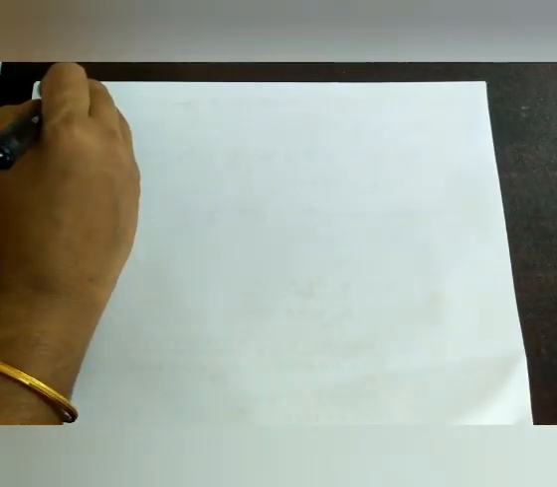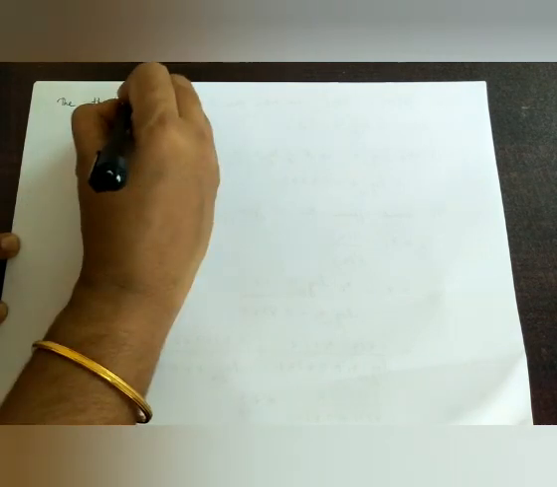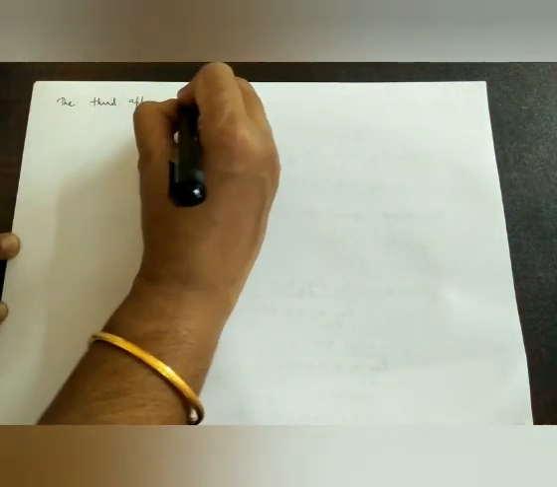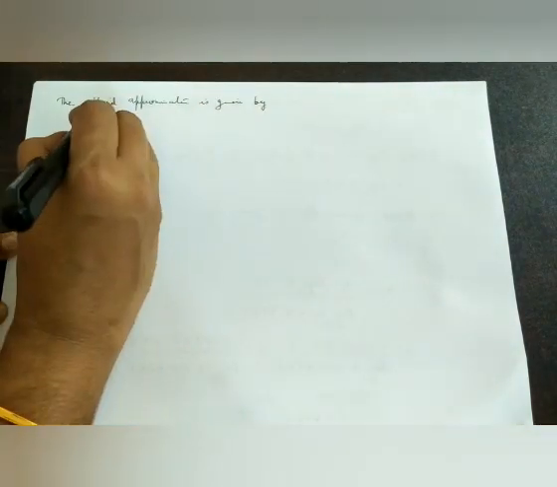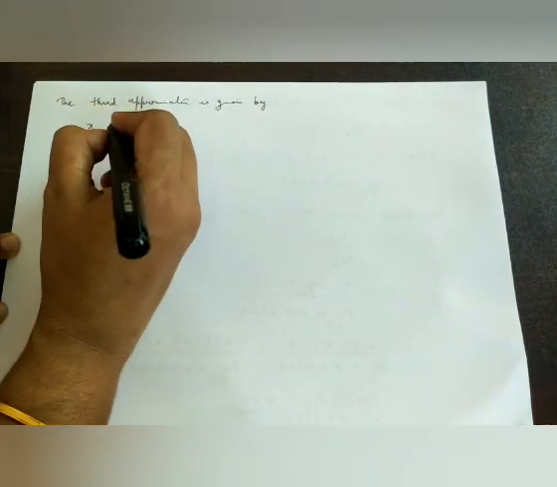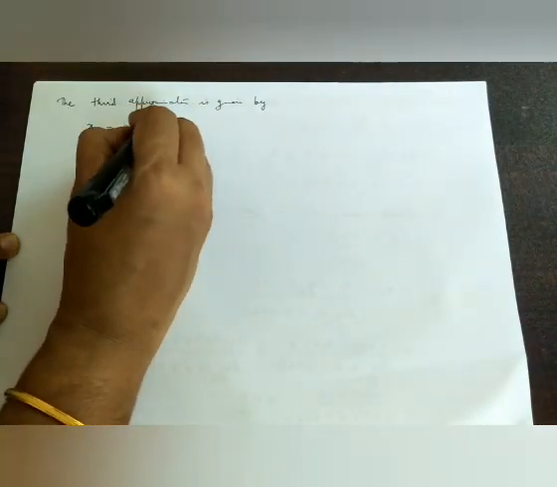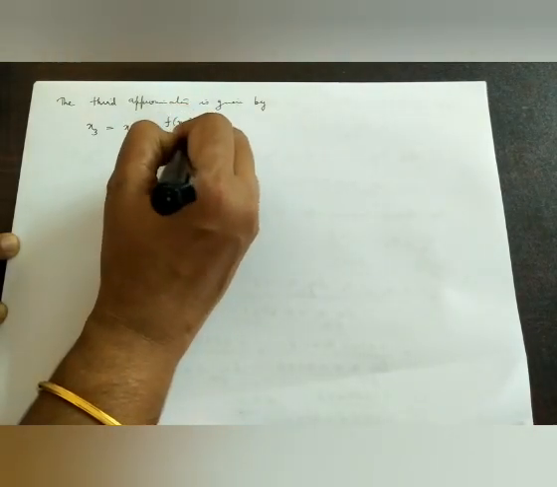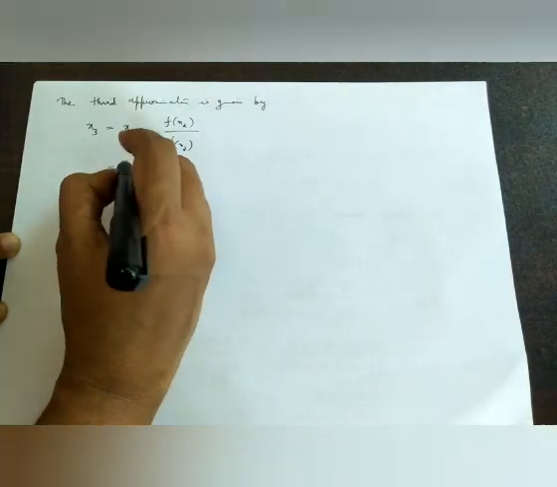The third approximation is given by x3, substituting n equal to 2 in the Newton-Raphson formula. We get x3 equal to x2 minus f of x2 by f dash x2, which is equal to the above formula.